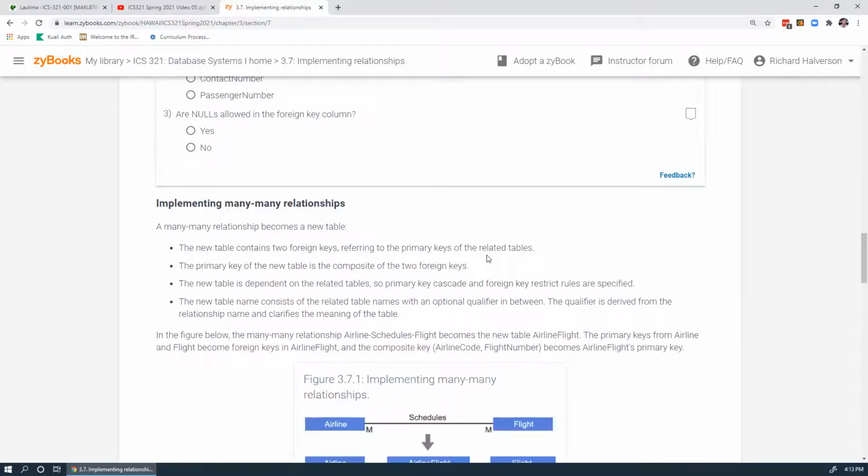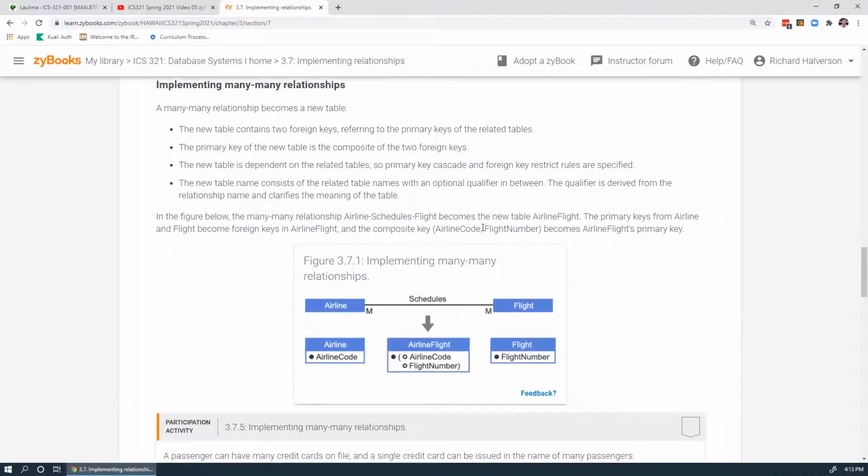All right. Implementing many-to-many relationships. There you actually have to have another table. It's kind of like supplier parts. You've got suppliers, you've got parts, many-to-many. Suppliers can make many parts. Parts can be made by many suppliers, and so are shipped.